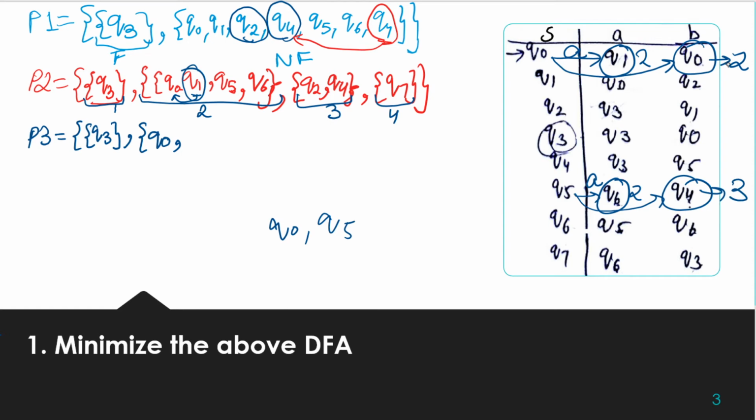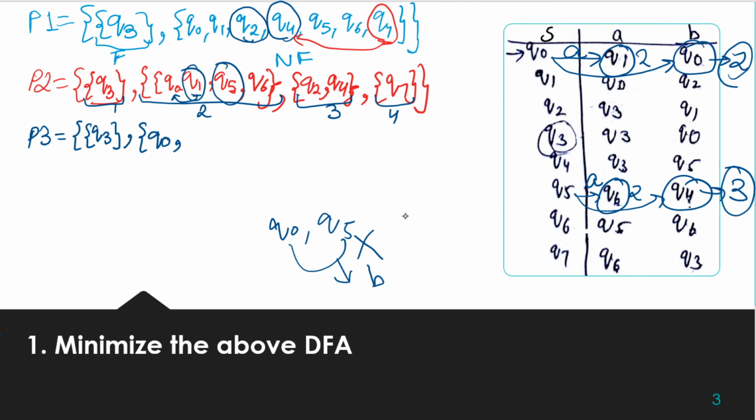So we can conclude that Q0 and Q5 are not compatible for input symbol B. We cannot keep them in the same group, so Q5 is not placed with Q0 in partition 3.